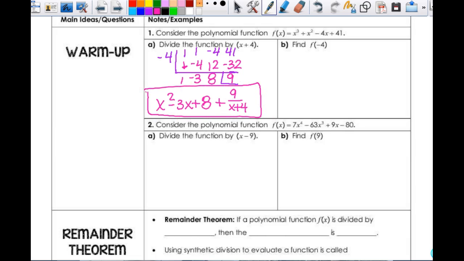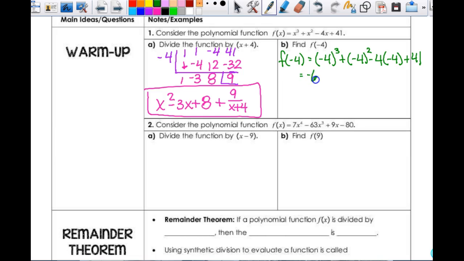Okay, no biggie. All right, so the B part says find f of -4. So f of -4, I'm going to substitute this in here. I'm going to get -4 cubed plus -4 squared minus 4 times -4 plus 41. What's -4 cubed? -64.